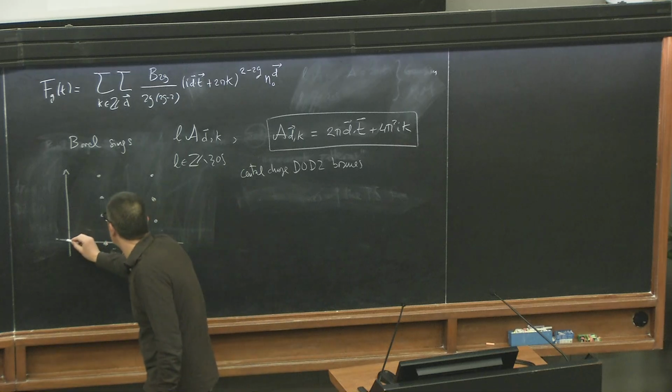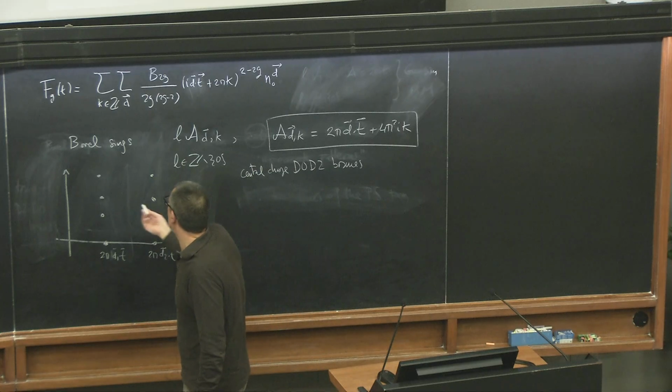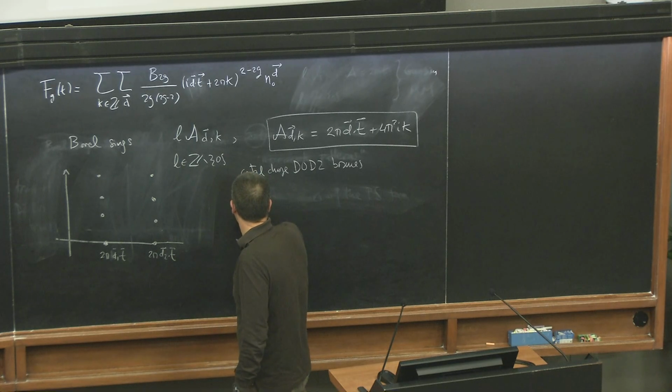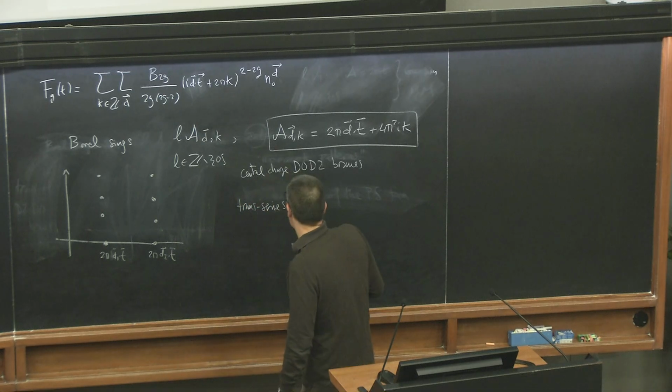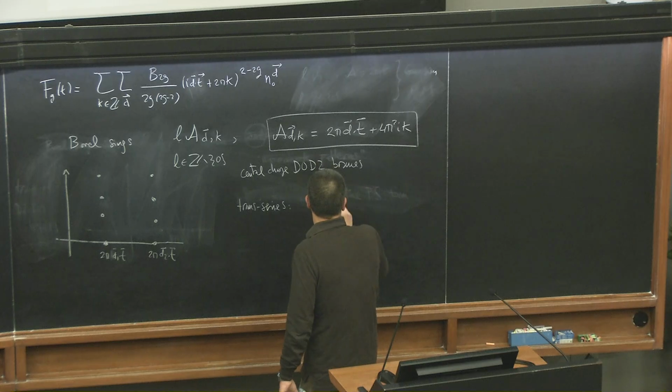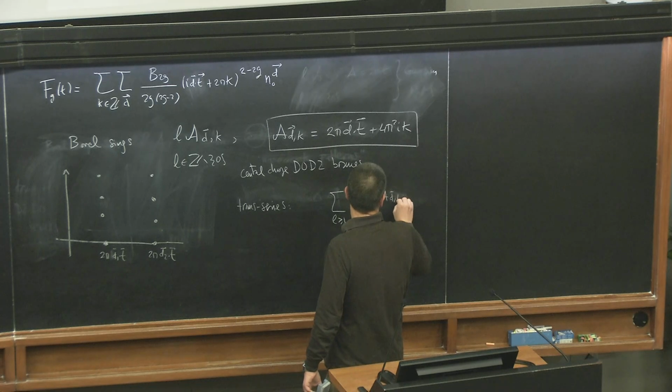So I have all these towers, and for each of them, the trans-series, if you want, the exponentially small contribution around each of them, is going to be given as follows. Remember that there was this sum that was found in the Pasquetti-Schiappa formula.